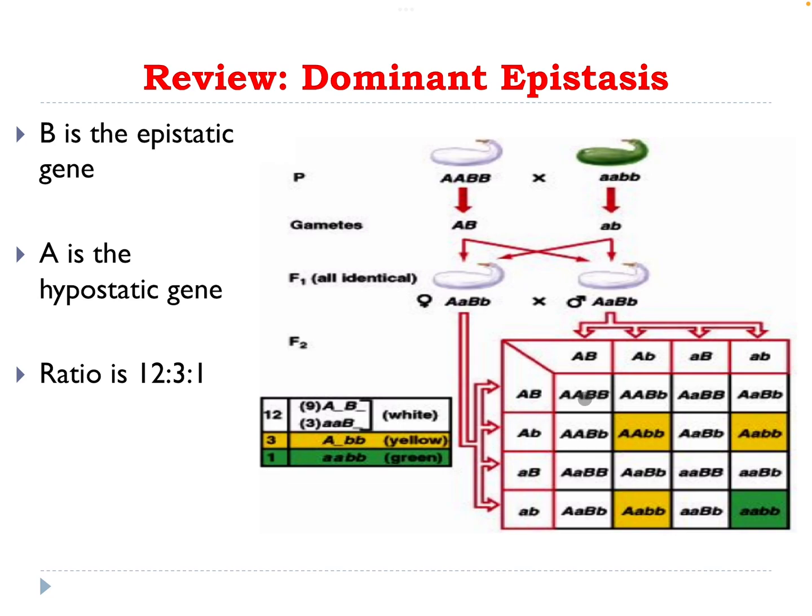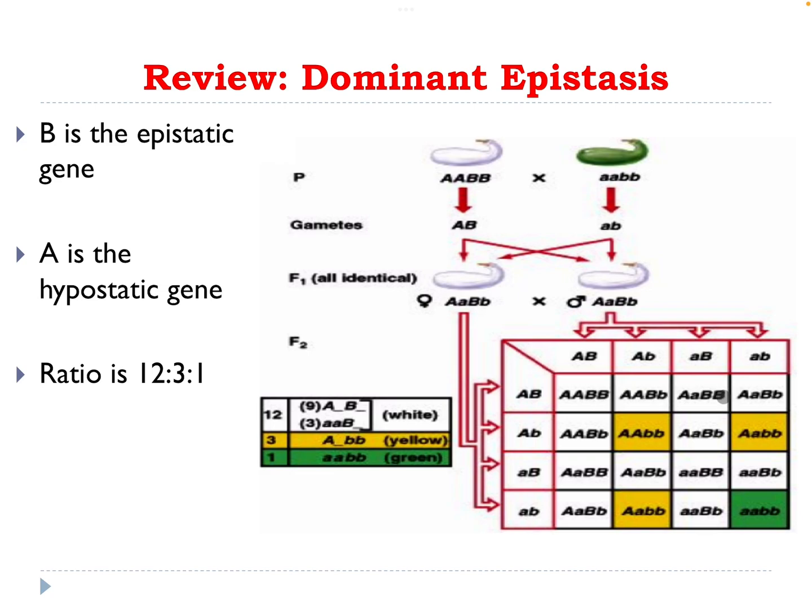White is 12 because of the presence of the dominant B, which is the epistatic gene. Whether it's homozygous or heterozygous, it will produce a masking effect. So it masks the color of this trait, and we'll have white.